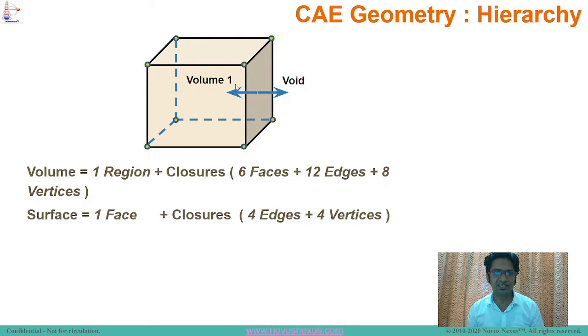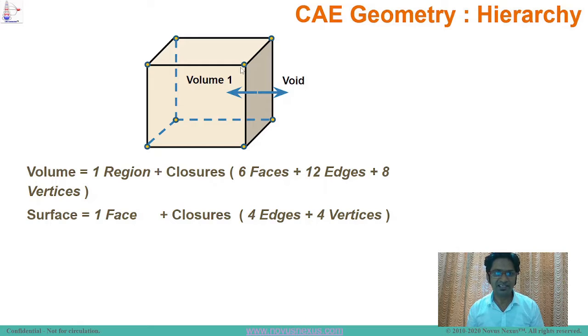Also, there is a region inside this cube which is a part of this volume. So topologically, we can say that this volume is made up of a region, faces, edges, and vertices.